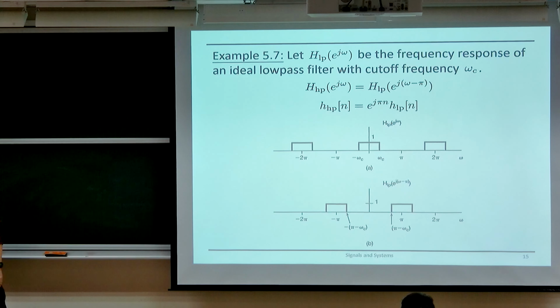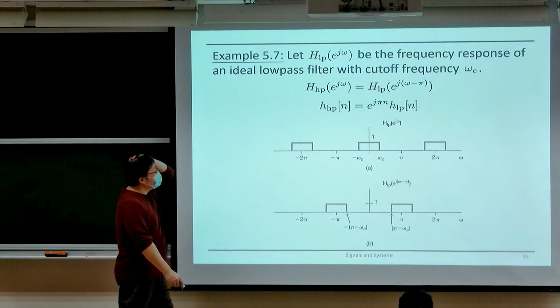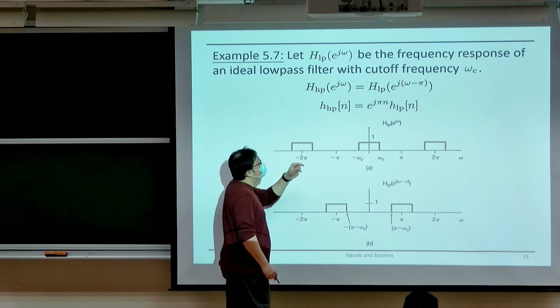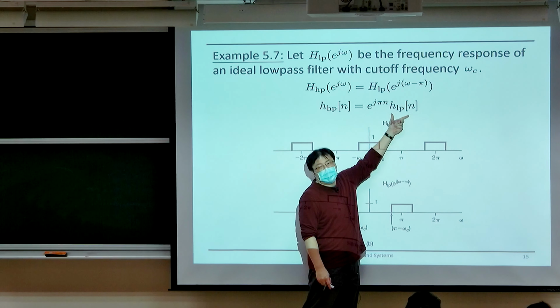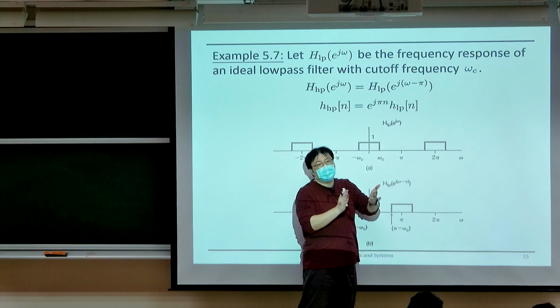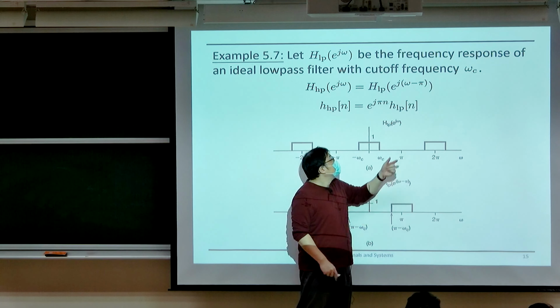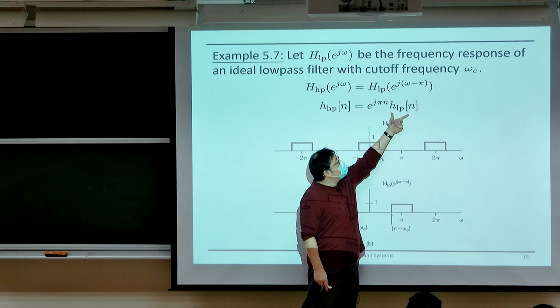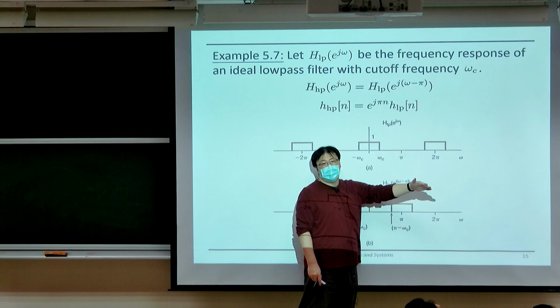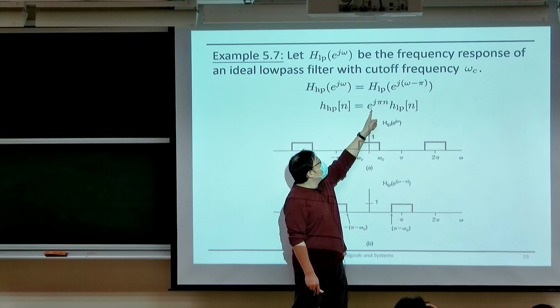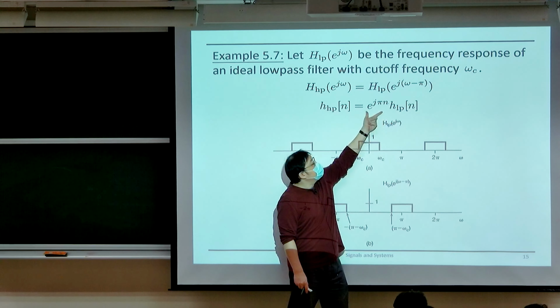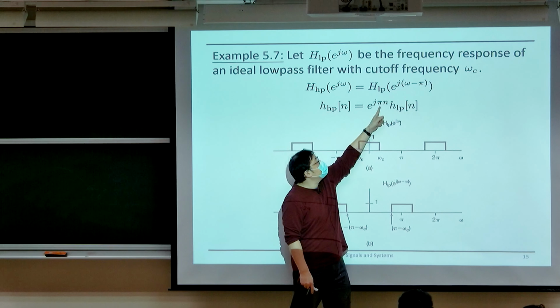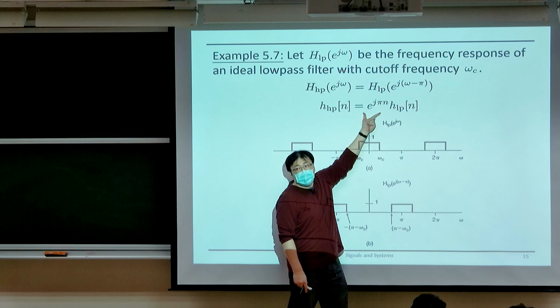All right. So this is actually quite intuitive as well because, suppose that this h_LP is something that is low pass. It contains mostly low frequency components. So this signal in the time domain should be relatively smooth. But if you multiply by e to the j pi n, you can see that when n is 0, this is 1. When n is 1, this becomes minus 1.